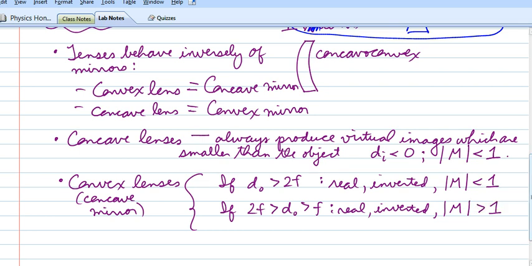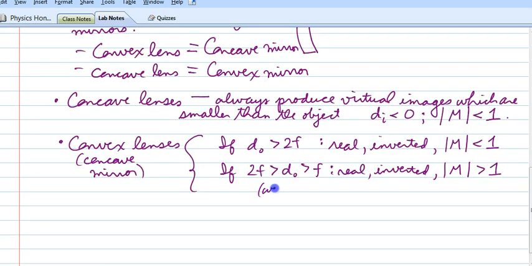And just as an aside, when do is equal to 2f, then you basically get do is equal to di. And I'm not going to prove that right now, but you can plug it in and see why that has to be true.